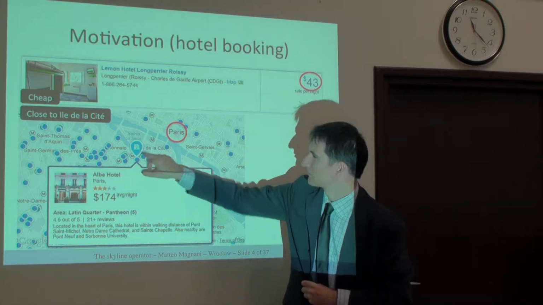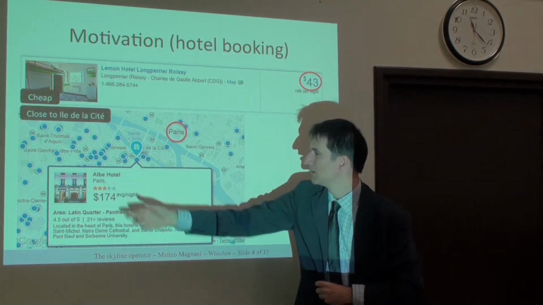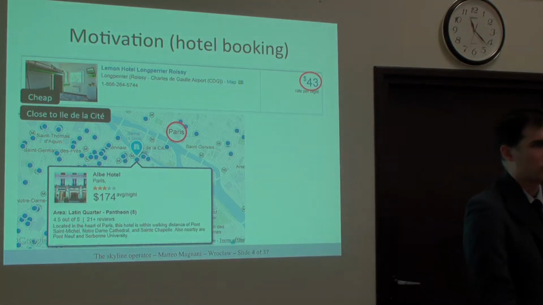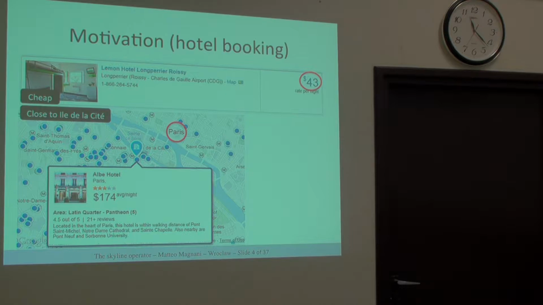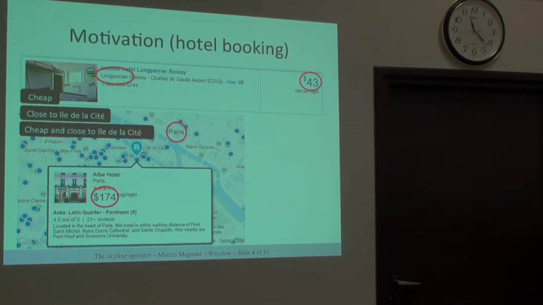So our hotel is really in the city, in the center. And we would choose that. So this is another easy case. And of course, the problem comes when we want, for example, to have a hotel that is cheap and close to the city center. And you can see that that's difficult because there isn't any clear answer.